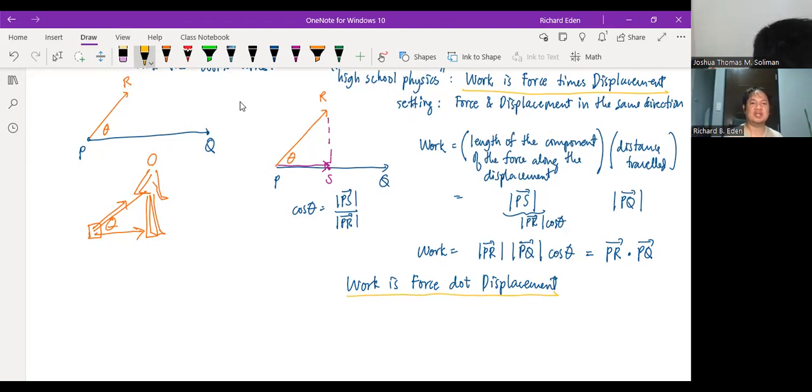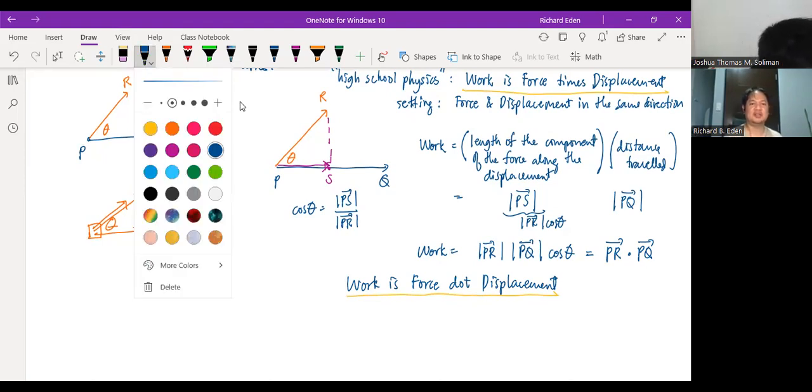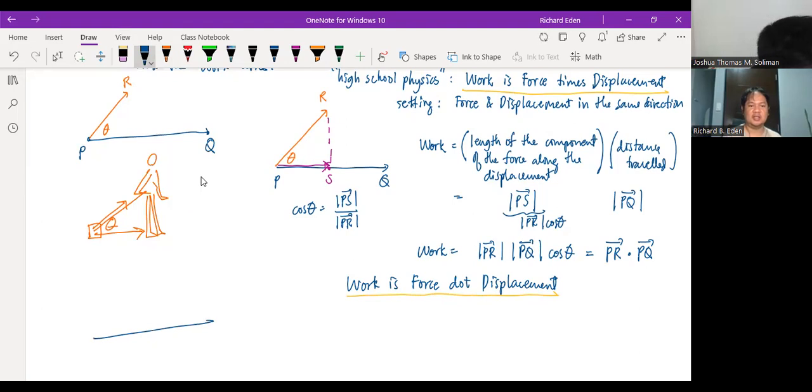But the force could vary. For example, let's say here is P, Q, where when the object is here, the vector being applied has this direction and length. But when the object has already been moved there, what if the vector is different, shorter, and the direction's like that?